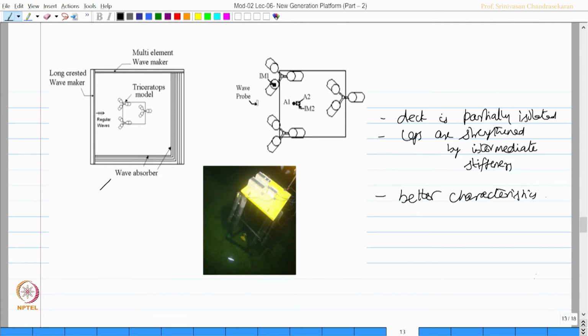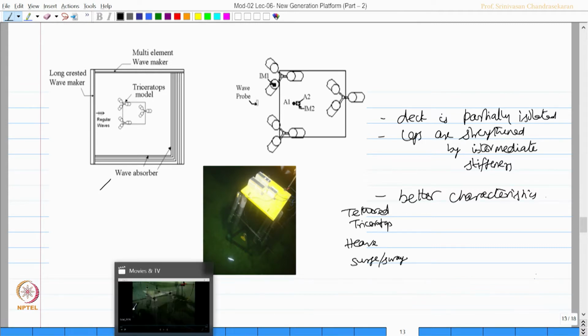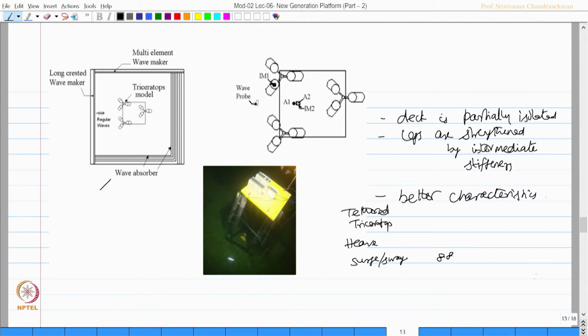So, if you compare the tethered triceratops in heave motion, surge and sway motion, you will see that the periods have come to 88.4 with 8.2% zeta. In heave it has come to 1.8 seconds, it has become more stiff with 1.1% structural damping.